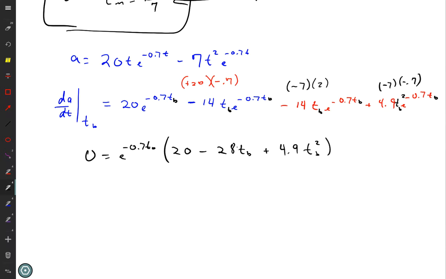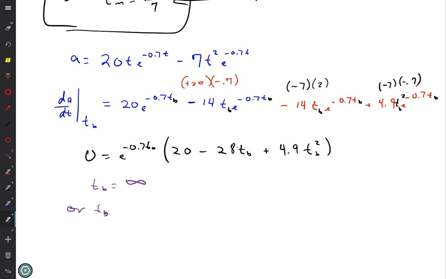So now, once again, if I go to solve this, what values could I possibly have for TB? What do I get from the first term? I get infinity again. And then the second one is going to give me 2 values because I have a quadratic.